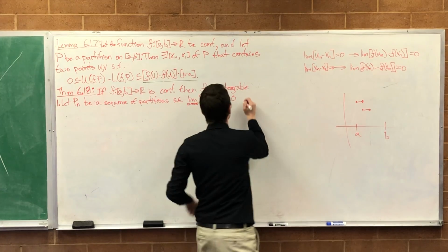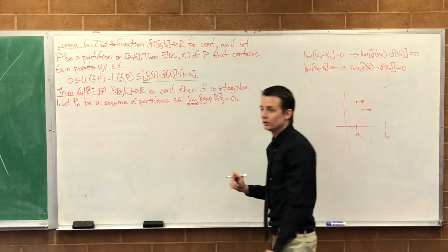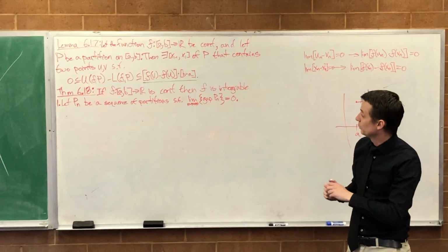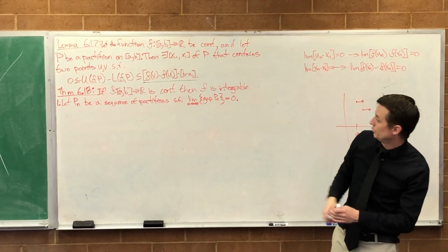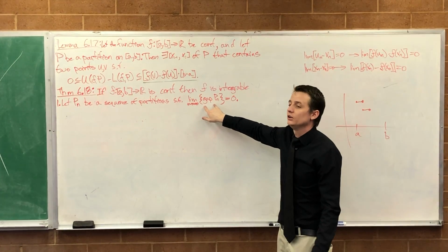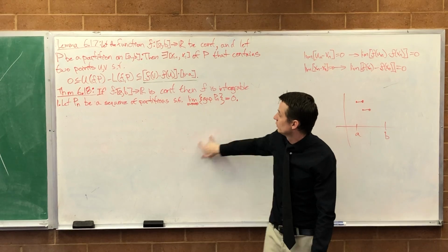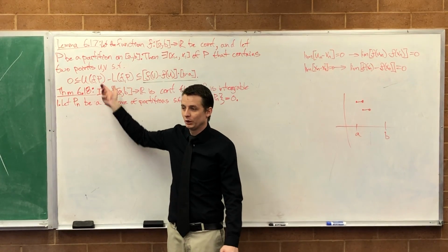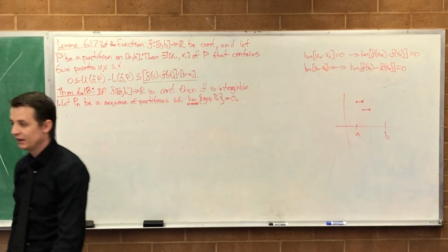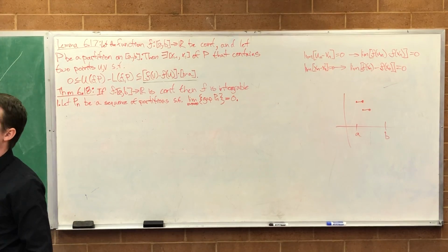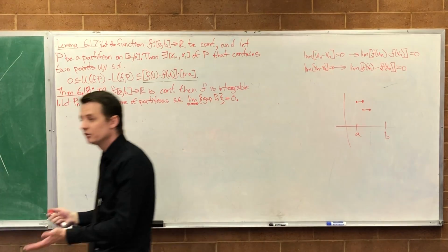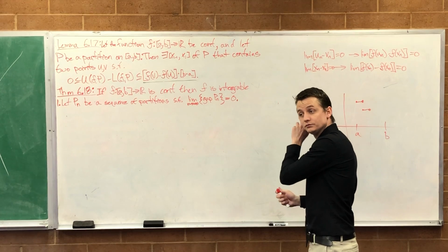That means it's an Archimedean sequence? No, we're going to prove that it is. An Archimedes-Riemann sequence, or whatever we call them, is going to be one where this difference goes to 0. Because if such a sequence exists, then we know that the function is integrable.